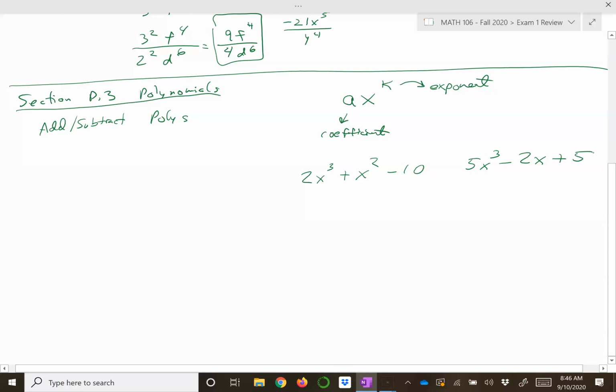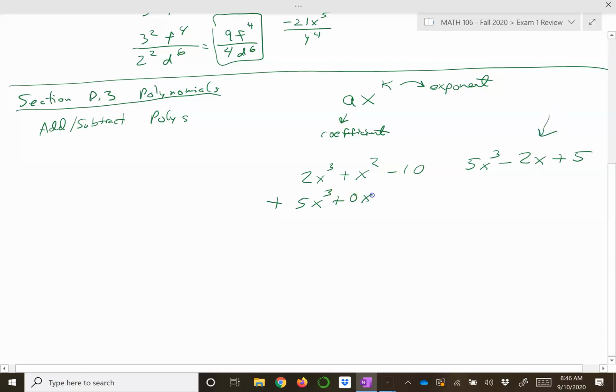Okay. And let's just add them, right? So the way I showed you to add them was just like you did any addition back in middle school. You put them underneath each other, right? And you just add. Now, what I just did there, I suggested you not do. I'd like you to leave a placeholder because this one here doesn't have an x squared.